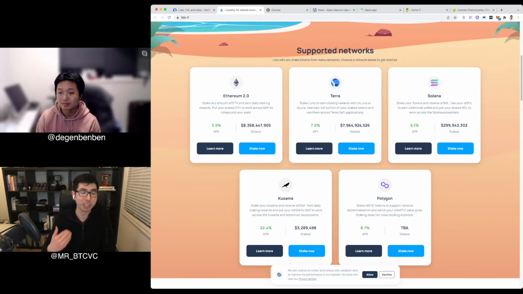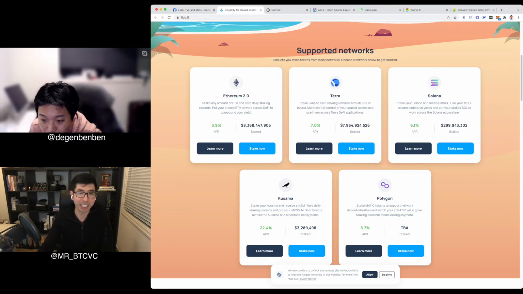You swap your ETH for stETH with them, and they stake it on your behalf, but they give you a liquid version of your staked Ethereum, which you can then swap for something else. And that would be the case for all of these things.